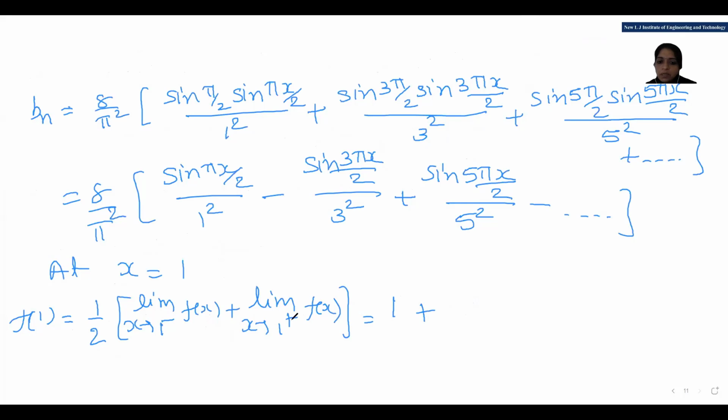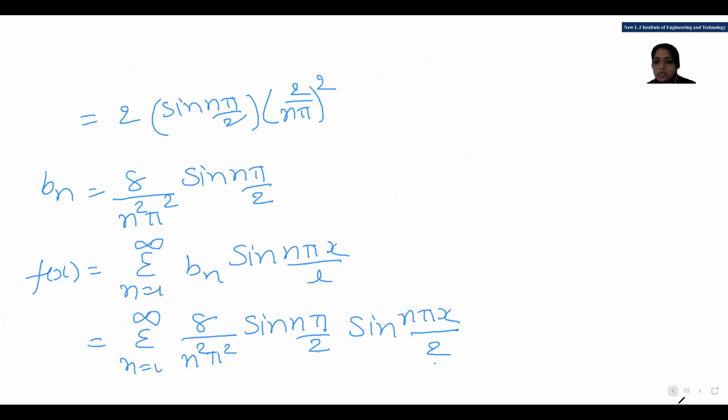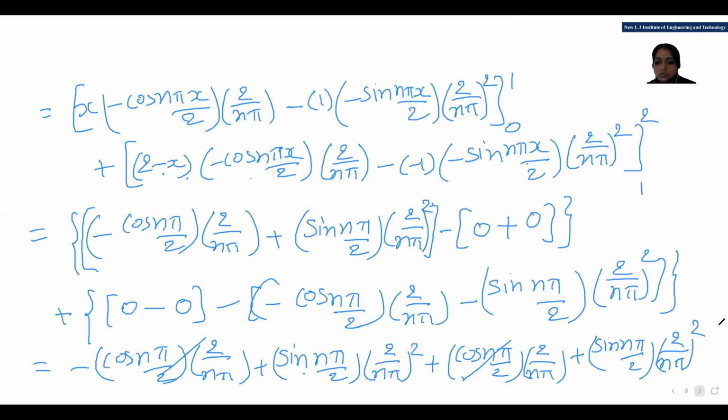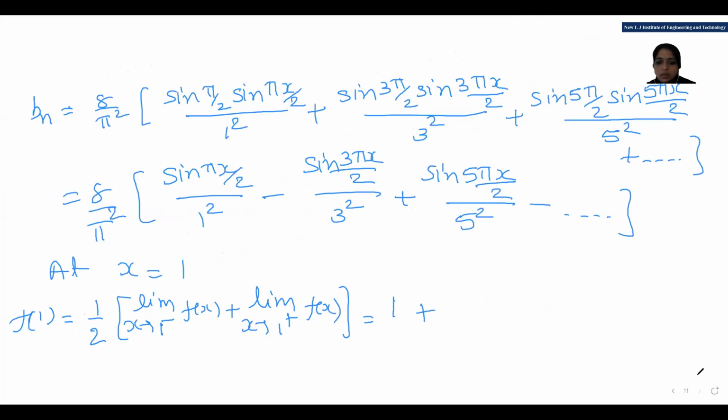For 1 plus, the function between 1 to 2 is 2 minus x. If I replace x by 1, that is 2 minus 1. So limit x tends to 1 plus is 2 minus 1 upon 2, and after simplification my answer is 1. So f of 1 is 1.